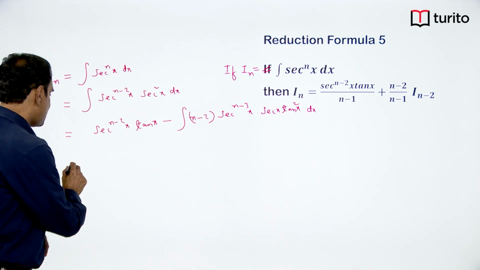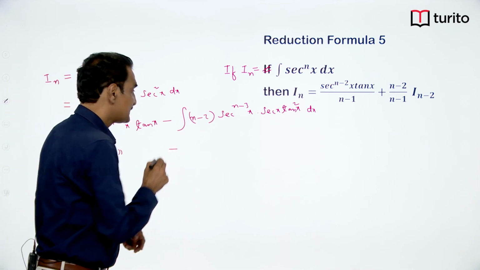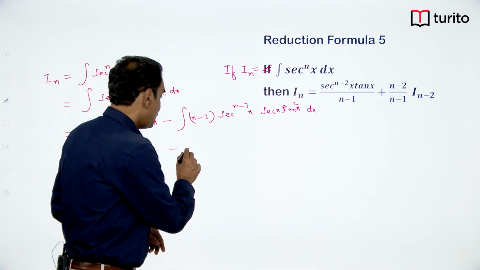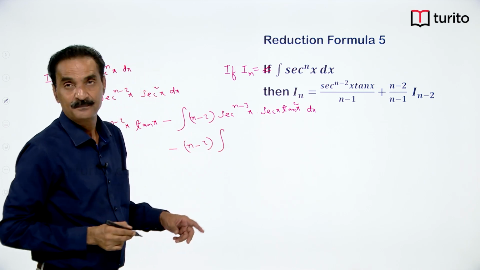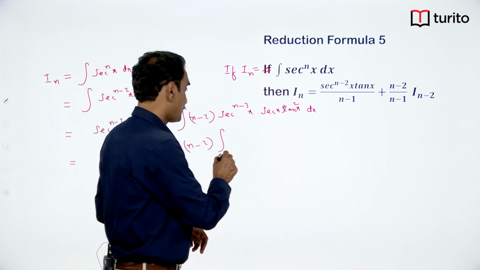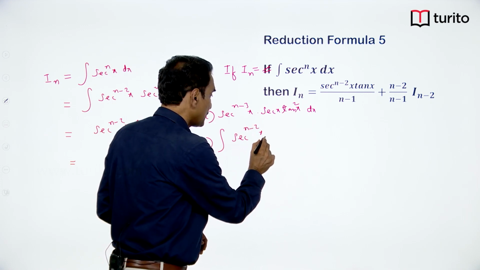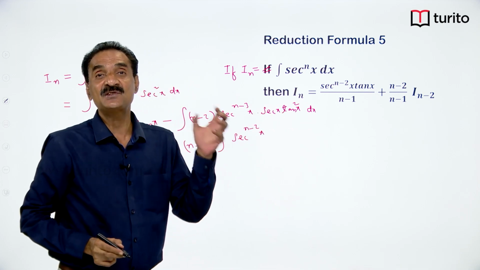Now, the first term as it is, minus, take out n minus 2, integral, this into this is secant power n minus 2x. Now, write tan square x as secant square x minus 1.